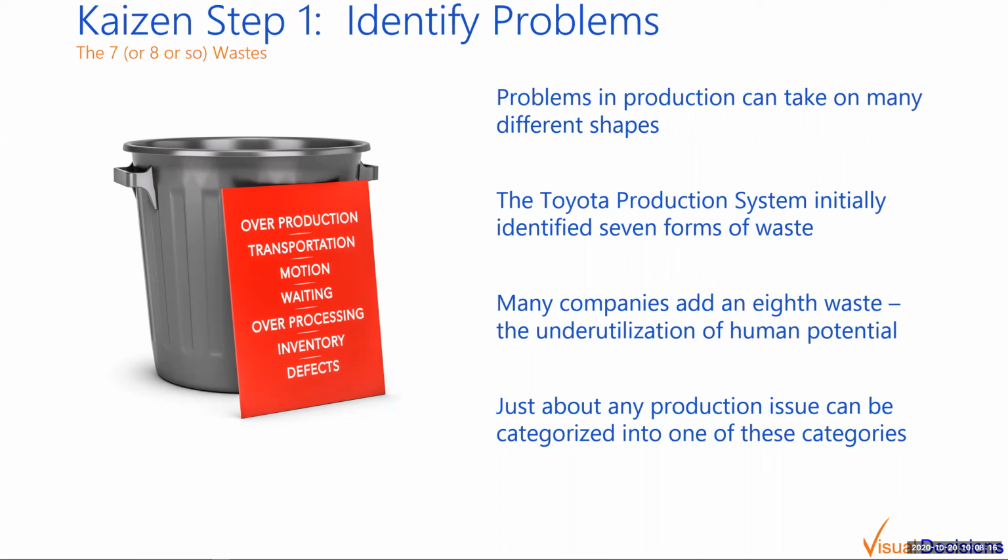All of these are things that you can identify with data within your organization. And if you don't have visibility to these things within the data, then that's where you might want to start augmenting the data collection that you have with some of these Industry 4.0 capabilities.